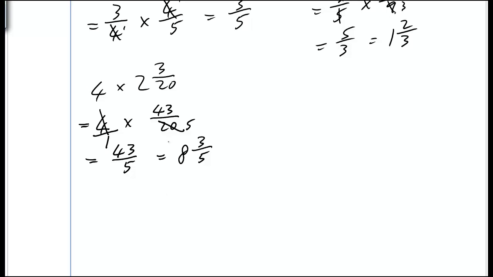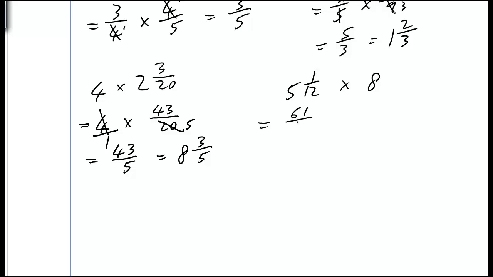Let's do another one. Say you had, let's see, say you had 5 and 1 over 12 multiplied by 8. Now you have to rewrite both of these numbers here, 5 and 1 over 12 and 8, as fractions. So you go 5 times 12 is 60, plus the number on the top is 61.